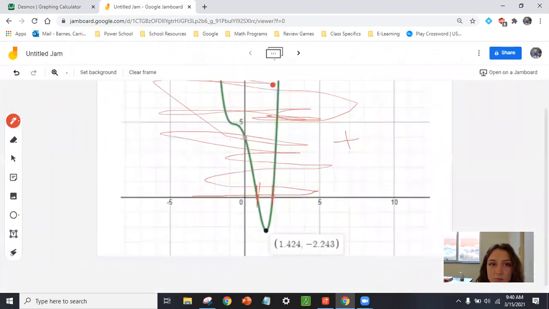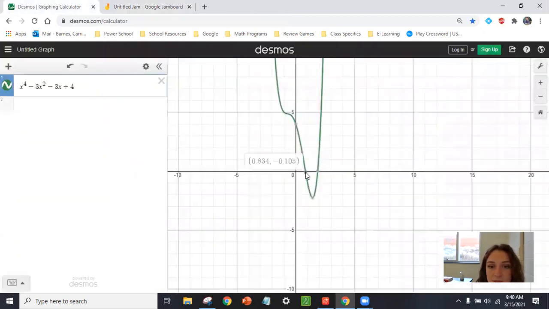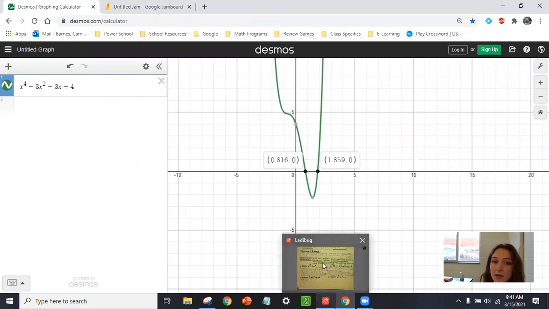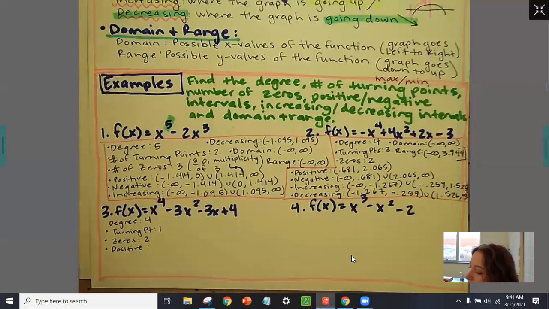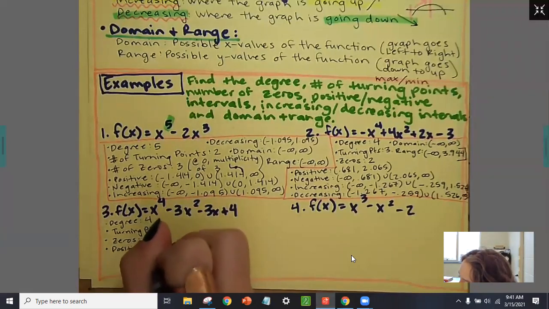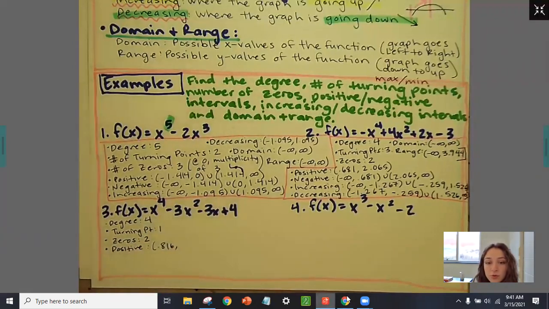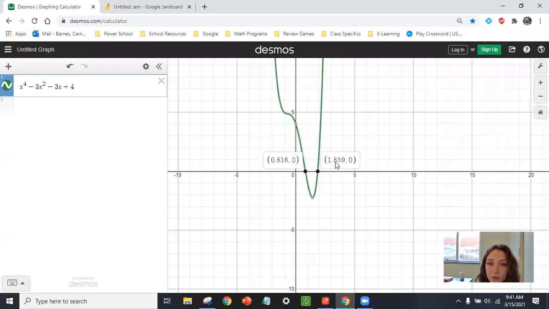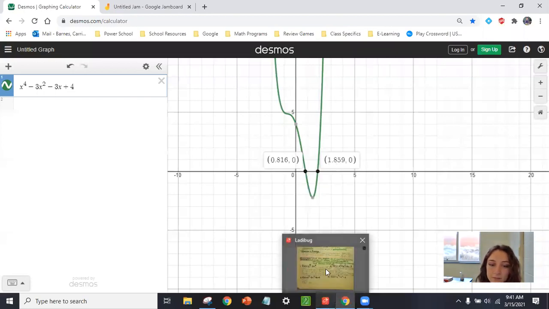So let's go see what those points are in Desmos. So this is only the x values, 0.816 to 1.859. So we're only looking at where it's above the x-axis. So this is going to be from 0.816 to, and then this one here, 1.859.